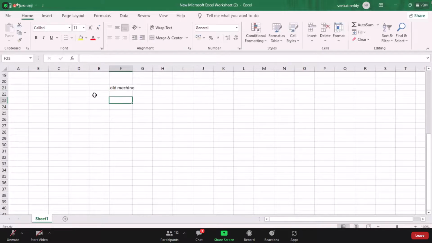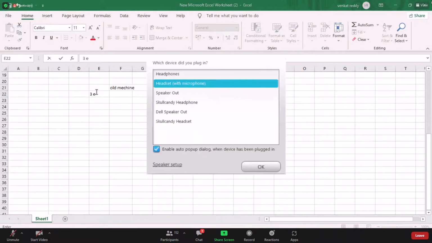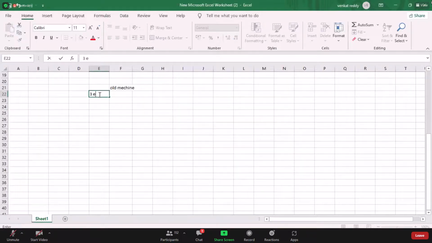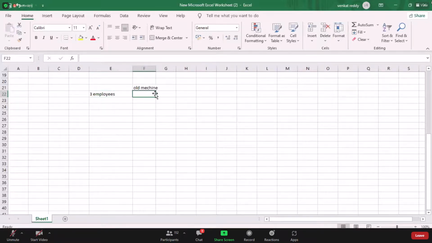Old machine, three employees. So they are paying a salary of 3 lakhs for all these 3 employees.